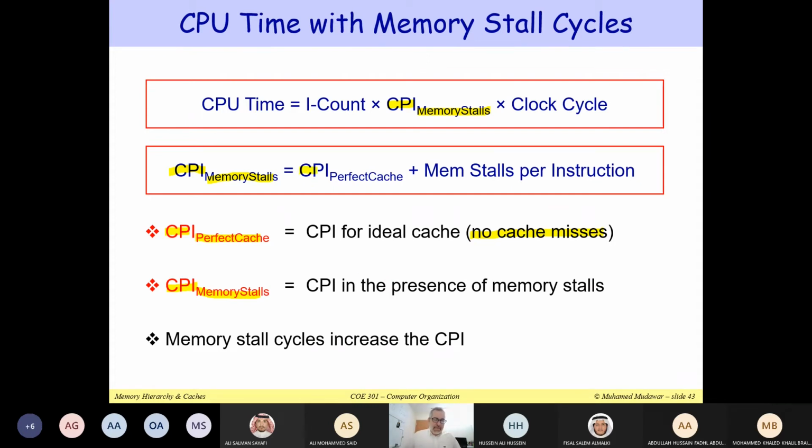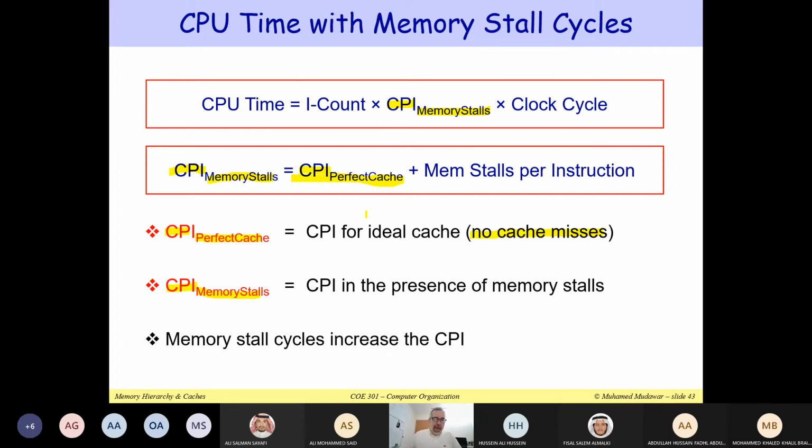we can assume a CPI in the presence of a perfect cache, and in all our previous performance analysis, we assumed we had a perfect cache. We did not take into account the cache. Now we might still stall because of data hazards, or control hazards like jumps and branches, but we did not take into account the caches.